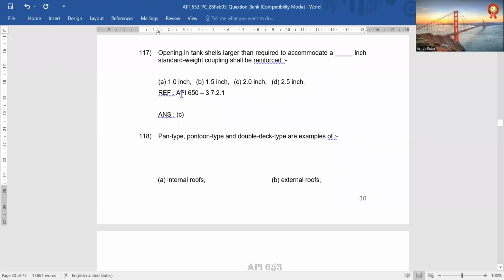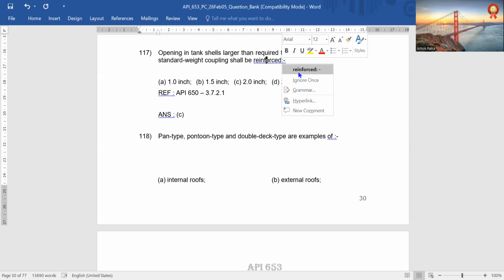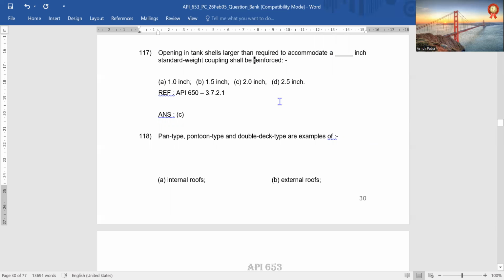Opening in the tank shell larger than required to accommodate a 2-inch standard weight coupling can be reinforced.